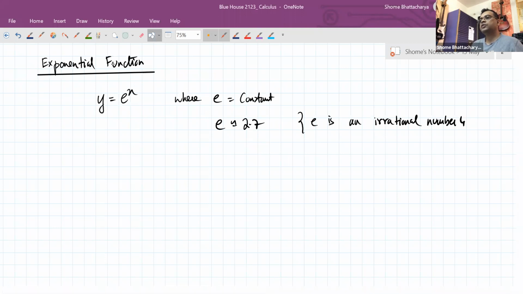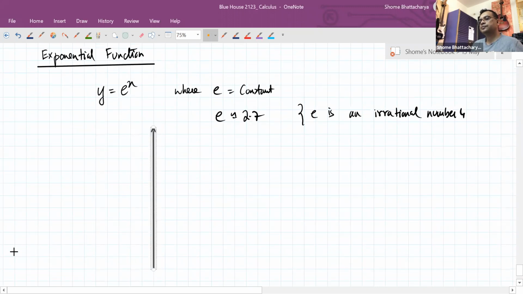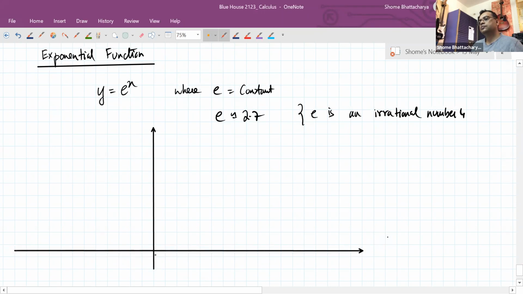And the graph of the function e raised power x, therefore, looks like the following. It looks like a curve like this.